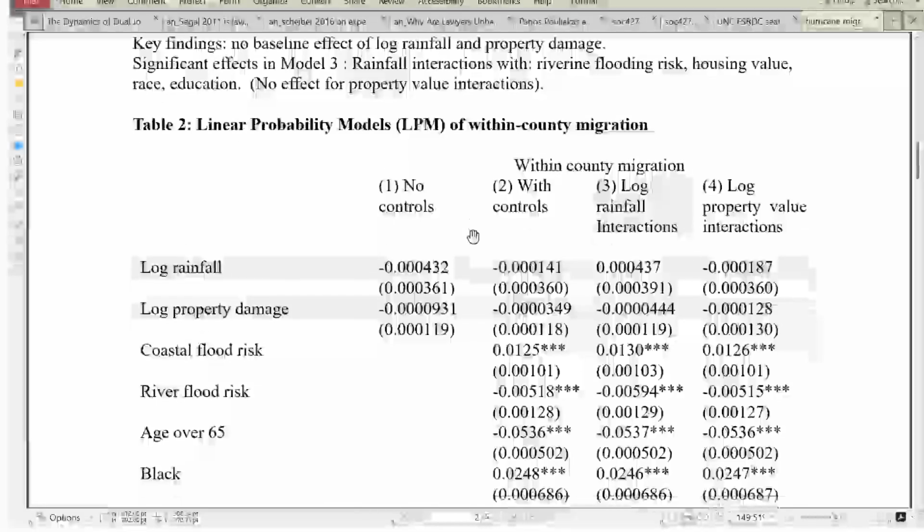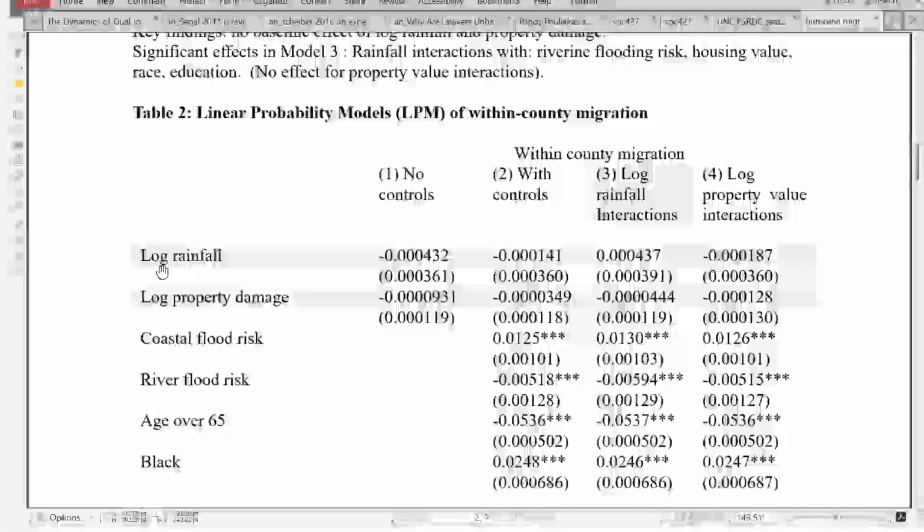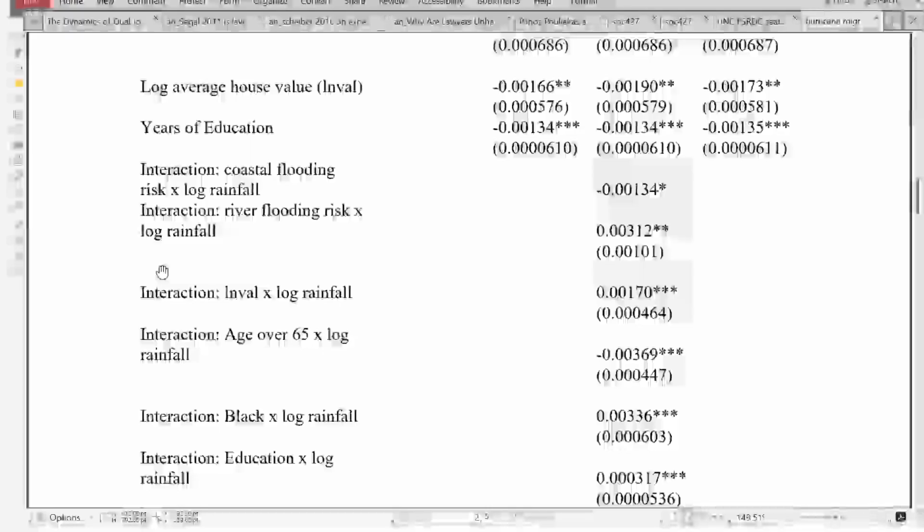These are all down here in model 3. So again, not surprisingly, the degree of rainfall or property damage in the model with no controls or with controls wasn't associated with a higher rate of within county migration, but things are showing up when it's interacted with more detail at the tract level.